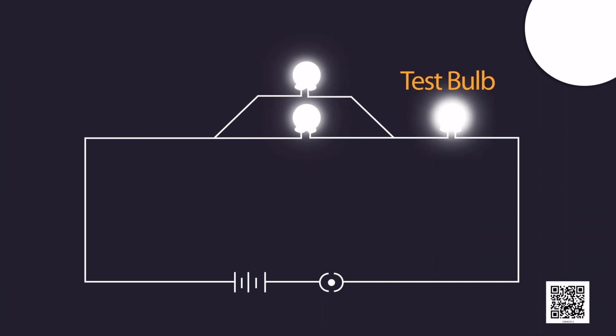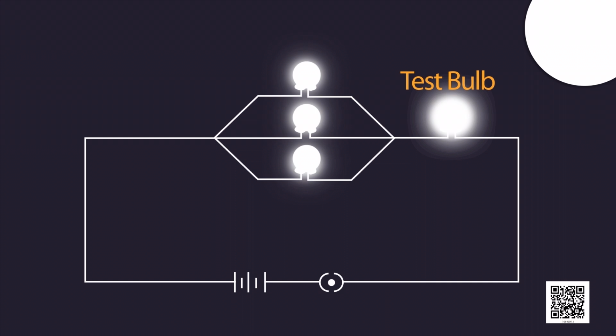Now we will connect another bulb in parallel to the first bulb and will notice that the flow of electric current through the test bulb has increased, due to which it will now start glowing more brightly.